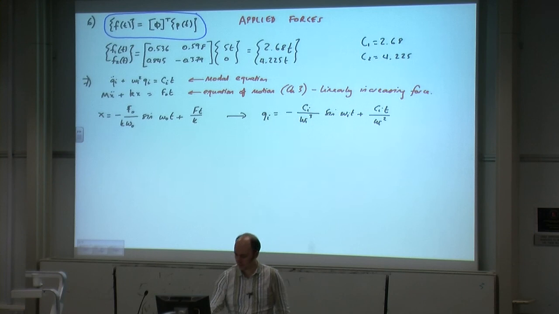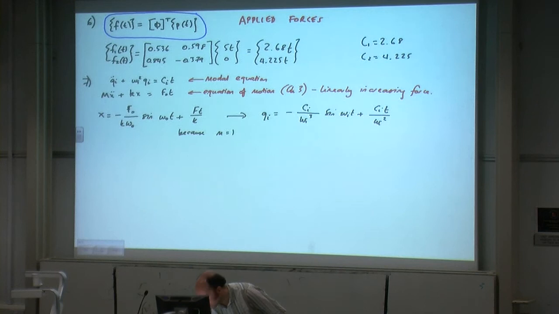And that's because we can see that m1 is equal to 1. Because m equals 1, k equals omega i squared, and f naught equals ci.